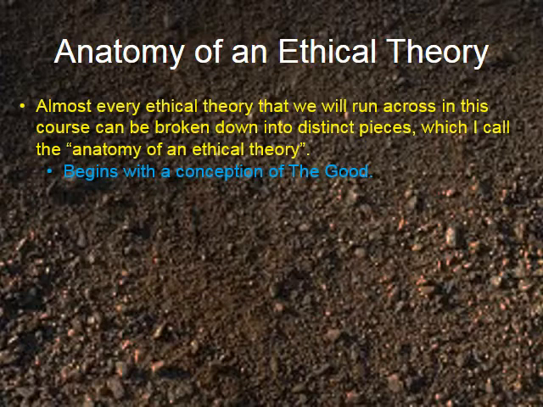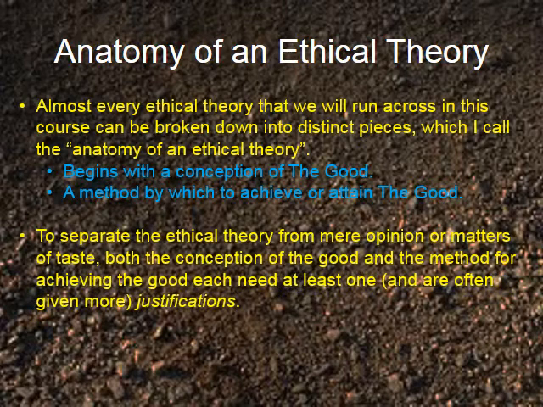Of course, just knowing what the good is isn't enough in itself to be or achieve the good. And so the second major part of almost any ethical theory is the method by which to achieve or attain the good described in the first part. To separate the ethical theory from mere opinion or matters of taste, both the conception of the good and the method for achieving the good each need at least one, and often more, justifications.